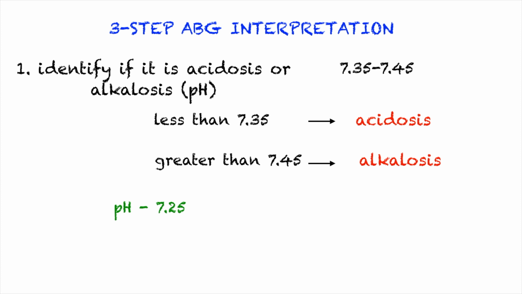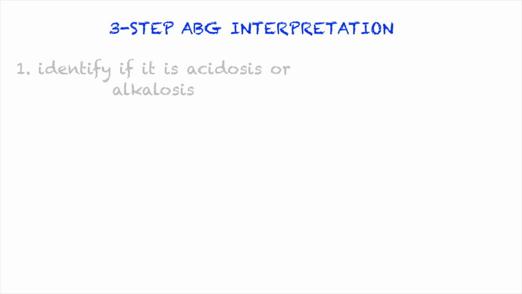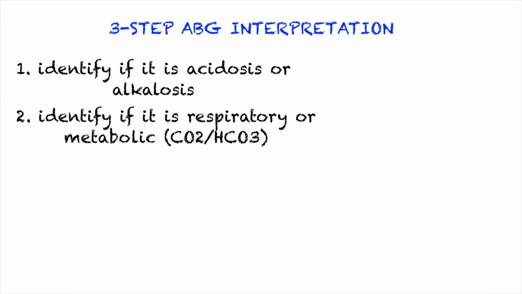For a pH of 7.25, it's less than 7.35, so you have acidosis. Another example. pH of 7.55 is greater than 7.45. So what do you have? You have alkalosis.